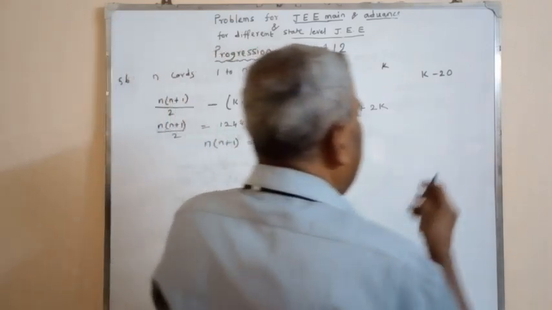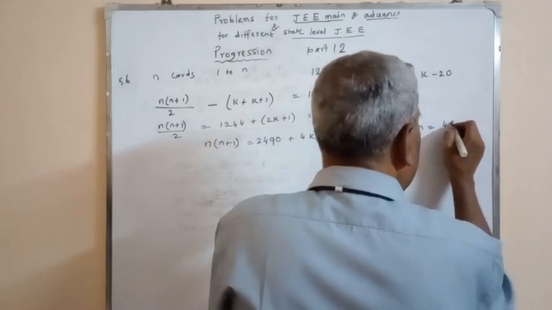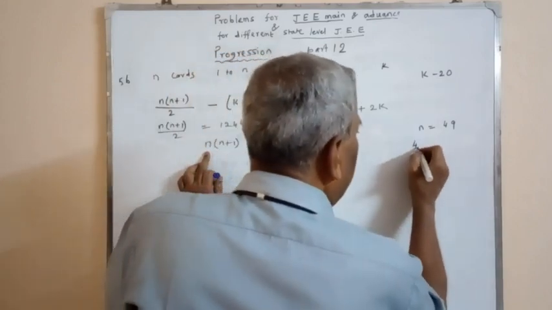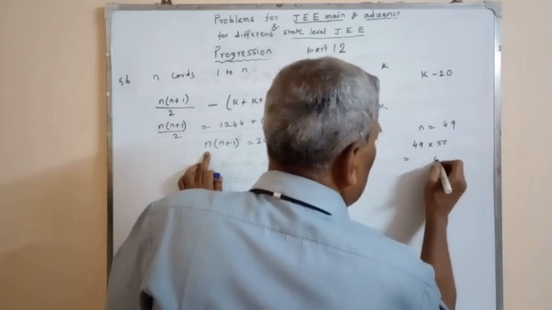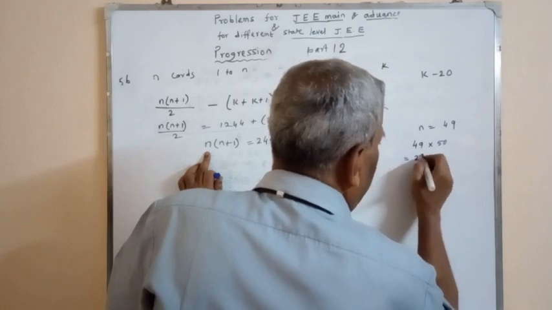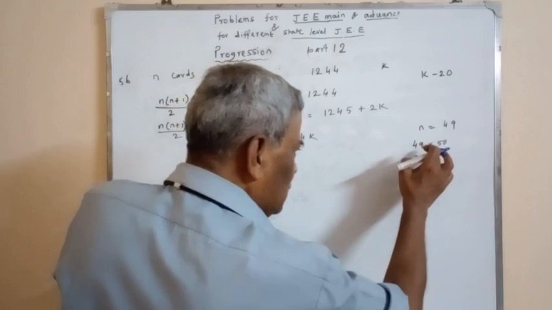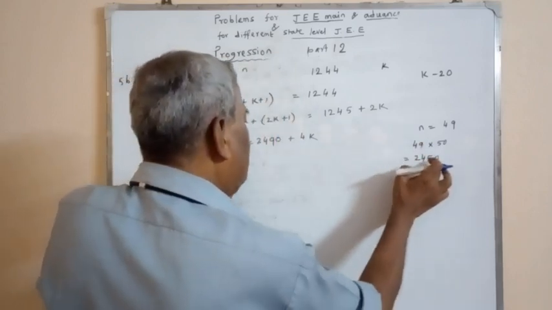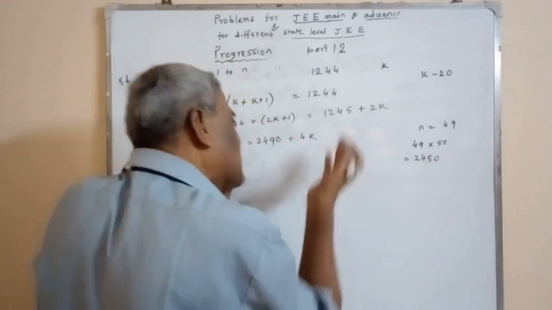If we take n is equal to 49, this is equal to 49 into 50, that is 2450. If we take n is equal to 49, n into n plus 1 is 2450, but it must be 2490 plus something.